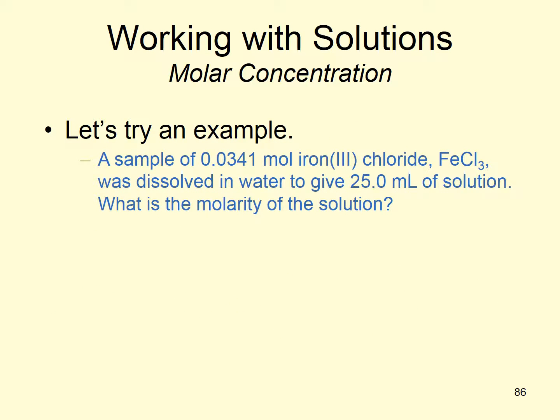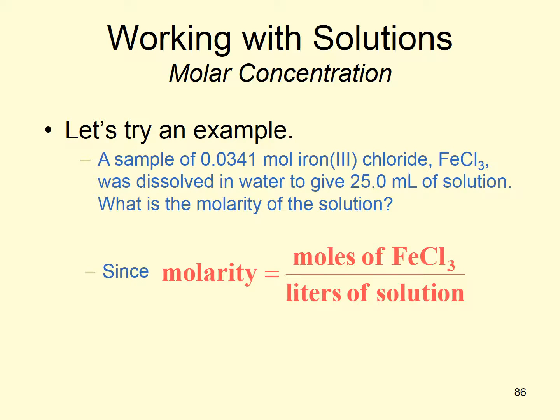So let's look at a simple example. Let's say we have 0.0341 moles of iron chloride, and we dissolve it into 25 milliliters. How would we calculate the molarity of the solution? So again, the molarity should be moles per liter. Well, we know the moles. So the moles are 0.0341 moles. And then we just want to divide that by the liters.